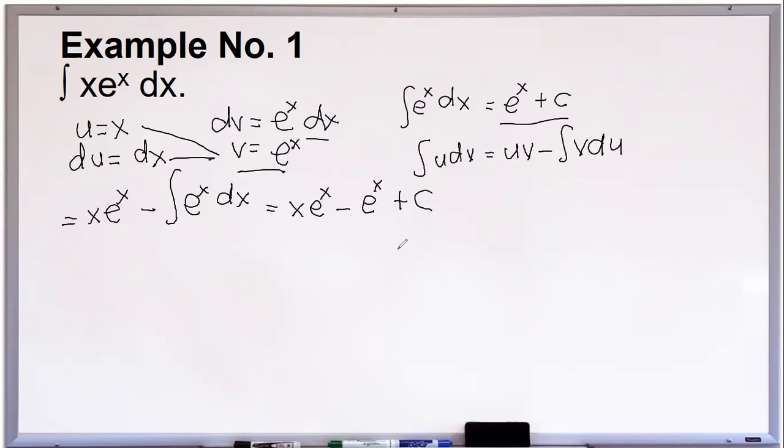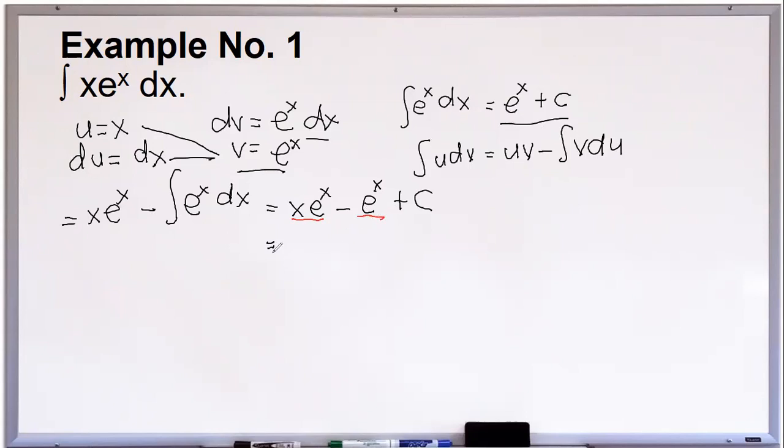So pwede rin ito ang maging final answer natin, pero as much as possible, we want our answers to be as simplified as possible. Kung pwedeng i-factor out, pwedeng gawin. So i-factor out natin ano ang common sa kanila.